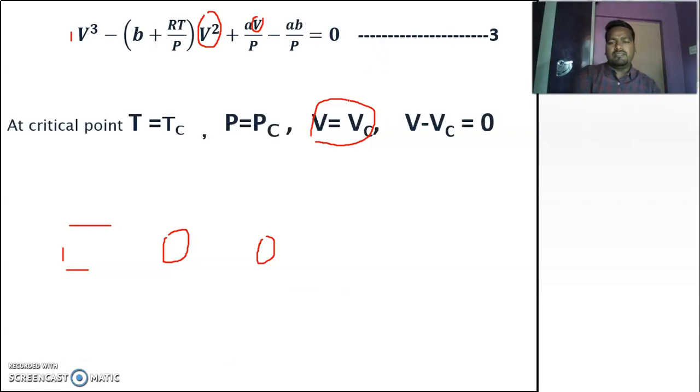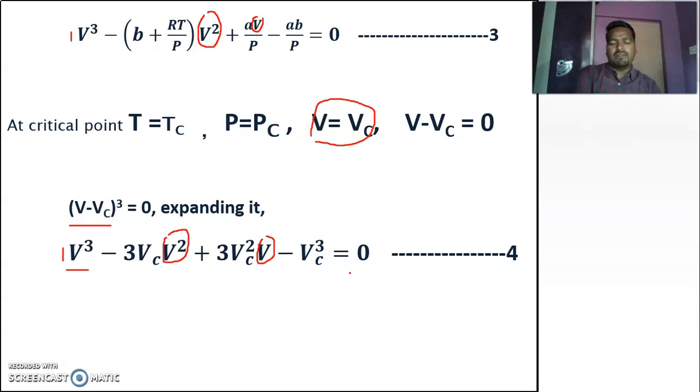At this point, it is very important: at the critical point, the temperature becomes critical temperature, pressure becomes critical pressure, and volume becomes critical volume. Then we can write V is equal to Vc, so V minus Vc is equal to 0. Then V minus Vc whole cube also becomes 0. If you expand, you will get 4.